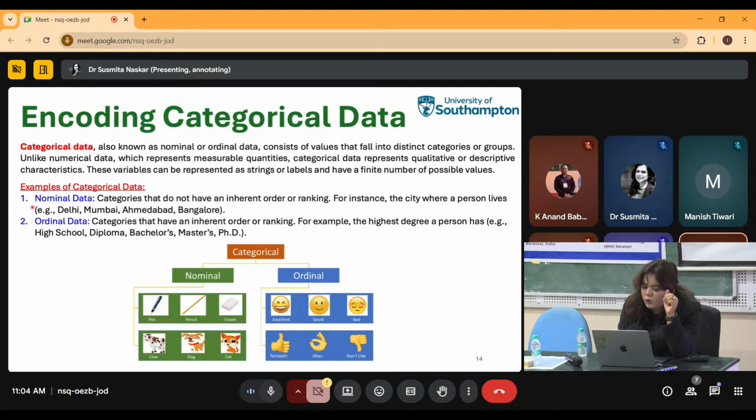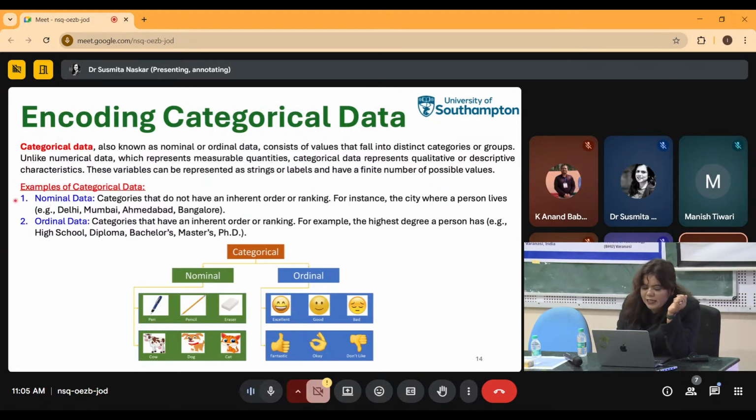First is no natural order, for example city. We are not saying Delhi, Kolkata, Banaras, Bangalore get numbers, right? Or product type, like animal or different kinds of products. So we encode with one-hot or dummy encoding, and we don't pretend there is an order.